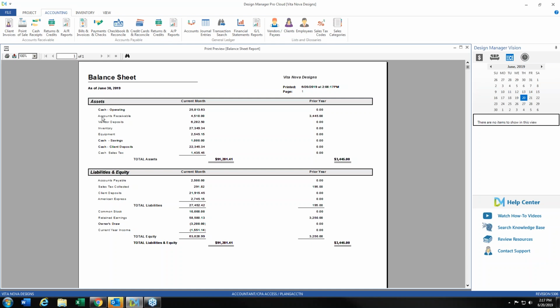Just so everyone sees this, the vendor deposits, this is an asset. This is considered a benefit to the company because it's an asset. But if you have ever looked at the balance sheet and you see vendor deposits and you're wondering what that's all about and why it's up there, picture it as like a holding account.